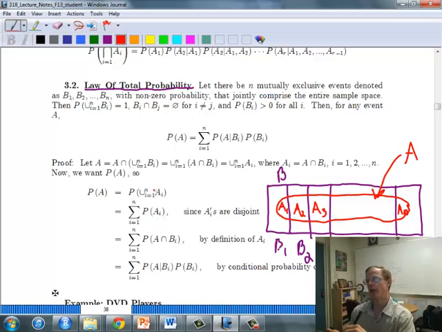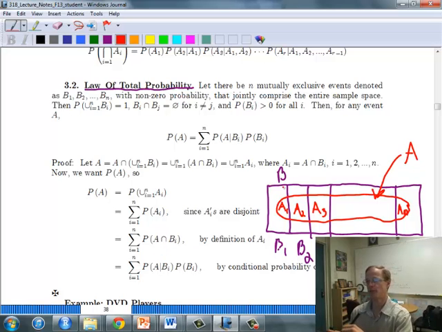Now, the union of A's probabilistically is the sum of the A's, and since they're mutually exclusive, we don't have to use the OR rule with subtraction. Okay, so we just add all the probability of the Ai's together. Now, here is a key piece. Notice the probability of Ai is equal to the probability of A intersect Bi.